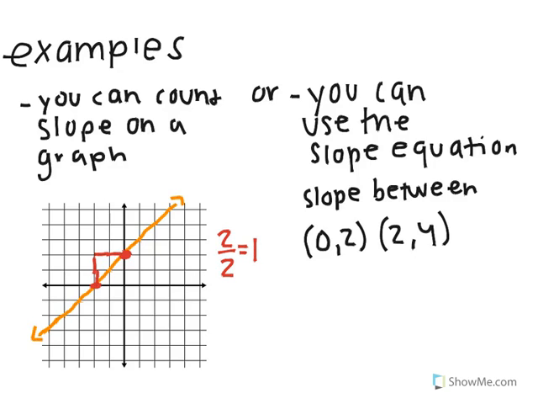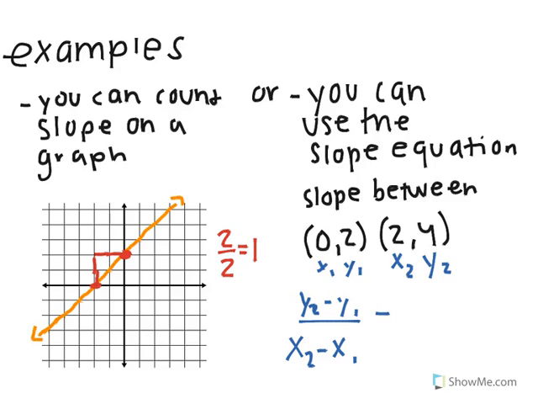Now let's see how it is between these 2 points. This is x sub 1, y sub 1, x sub 2, y sub 2. So I'm going to write out my slope equation. Y sub 2 minus y sub 1 over x sub 2 minus x sub 1.